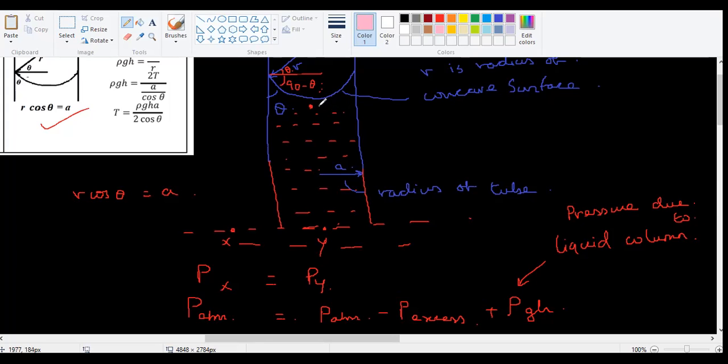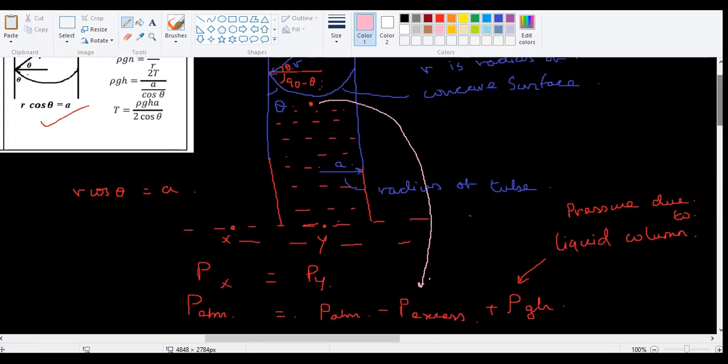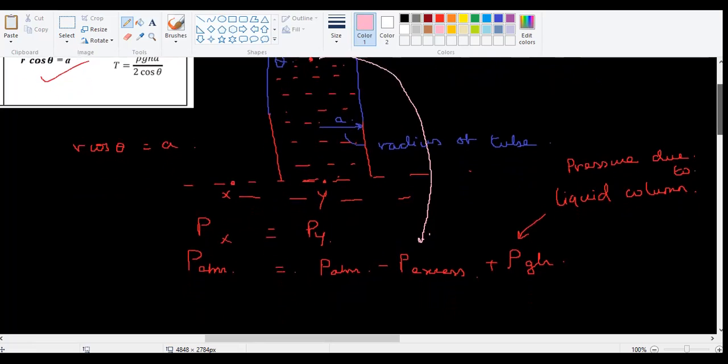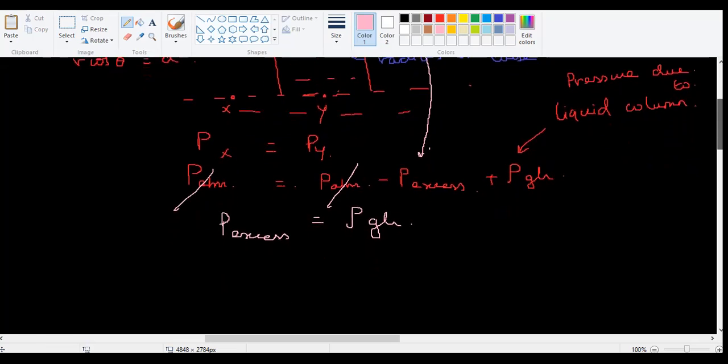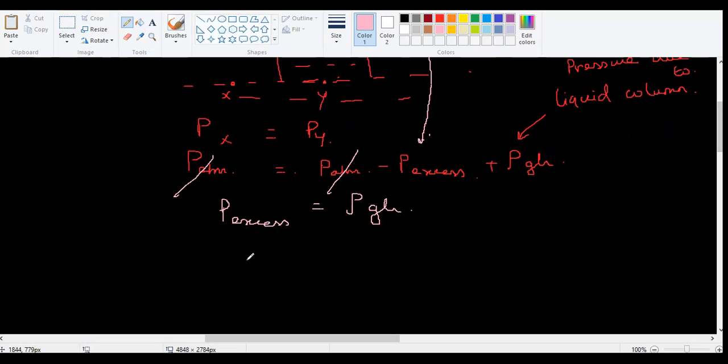Okay, everyone following this? So from here, in this location, it's coming to be minus P excess. After this it is very, very simple. This and this cancel, so this comes on this side. So P excess is equal to rho g h. P excess is nothing but 2T by R. Remember, this R is the radius of curvature, not the radius of the tube.